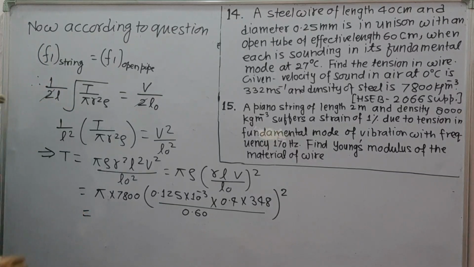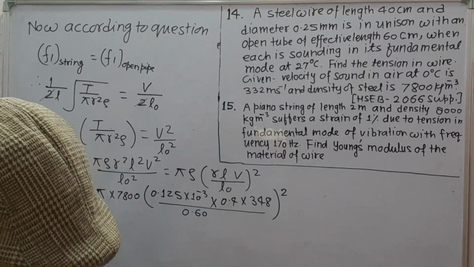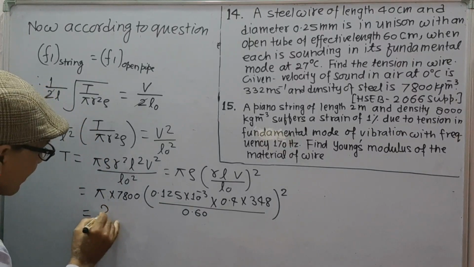So we get the tension in the string as 20.6 Newton.